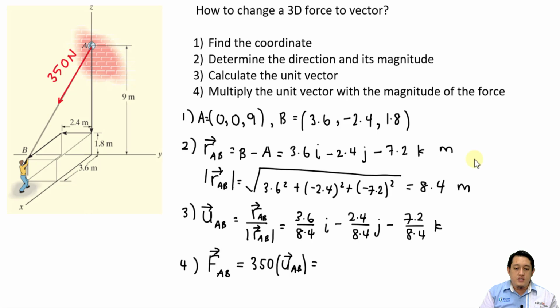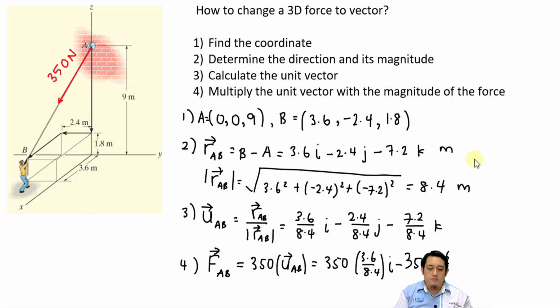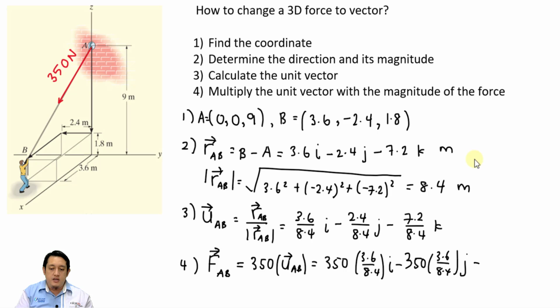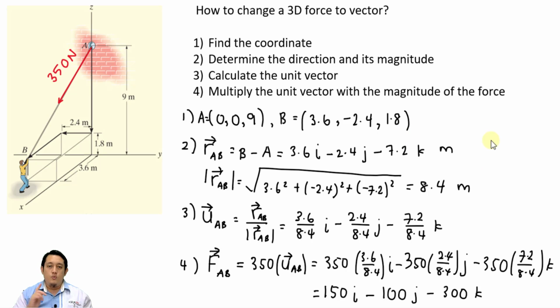So you will get 350 times 3.6 over 8.4 i minus 350 times 3.6 over 8.4 j minus 350 times 7.2 over 8.4 k. So the answer is 150i minus 100j minus 300k. So this is the answer.